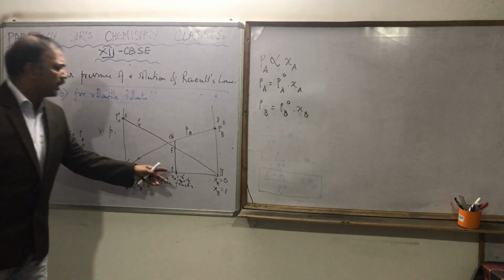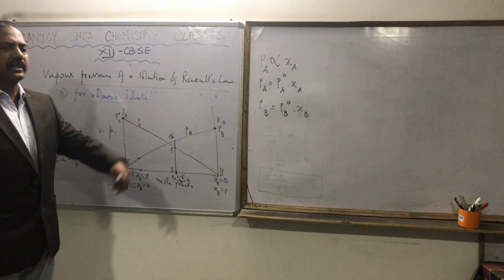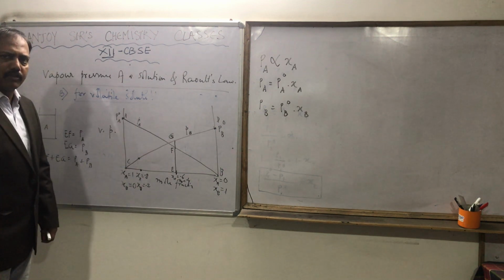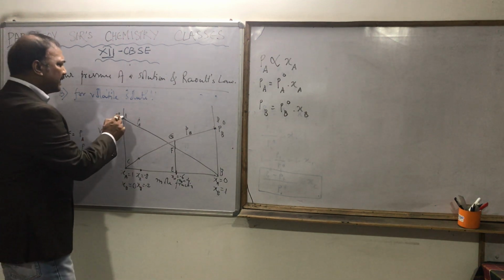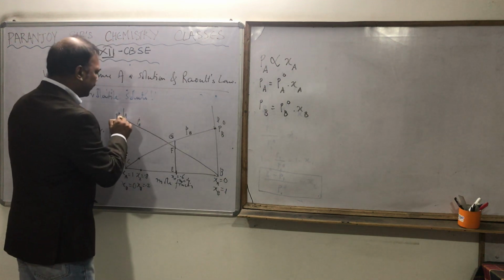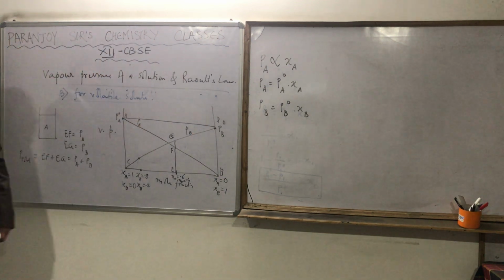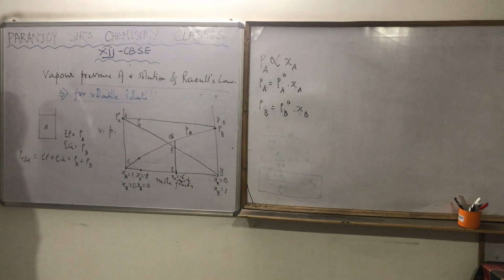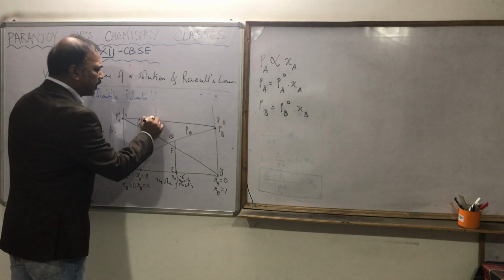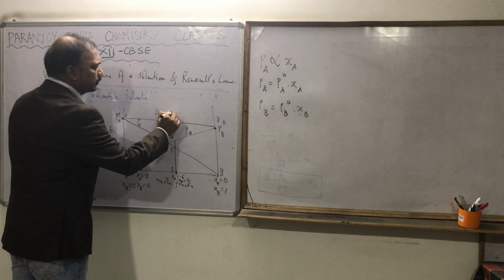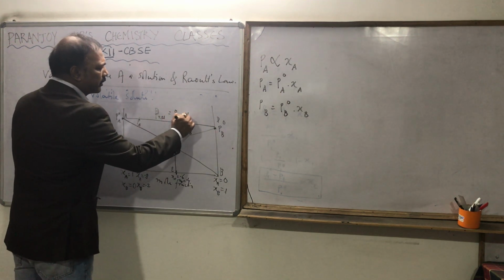So you have to calculate this vapor pressure, then this vapor pressure. But we can avoid this by doing simple geometry. If we join A and D, we get a straight line. This straight line represents the total vapor pressure, P total, equal to PA plus PB.